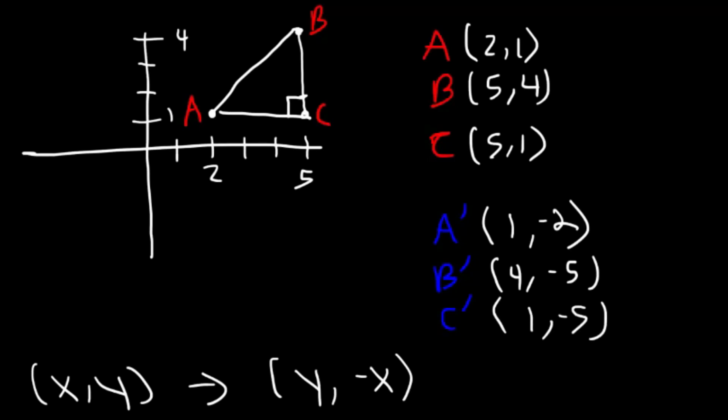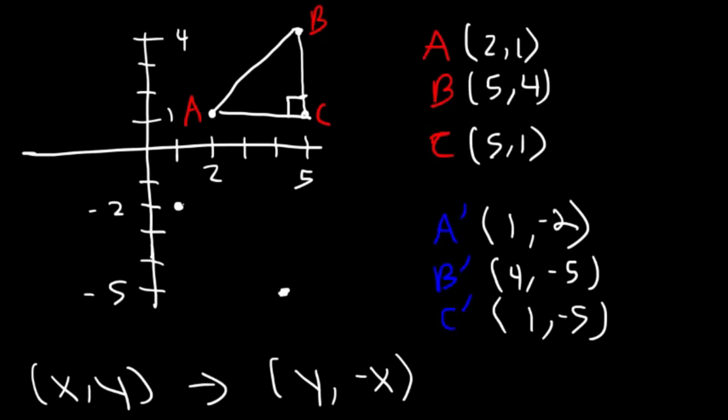So now let's plot the new points that we have. The first one is at 1, -2, which is right here. The next one is at 4, -5.